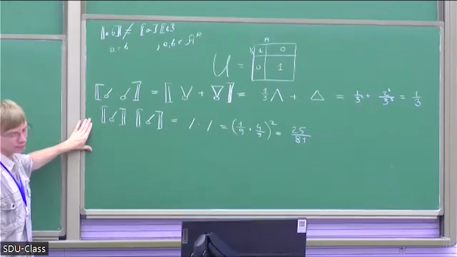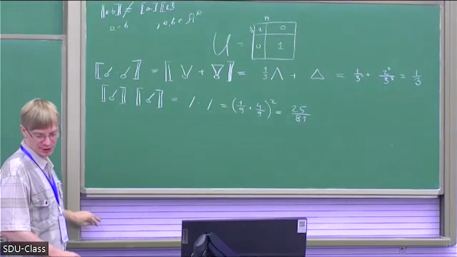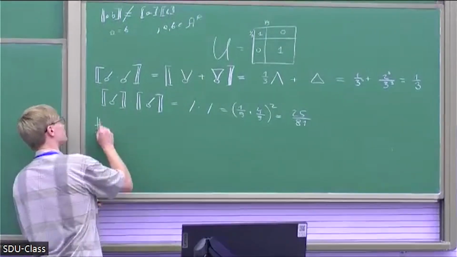In general, a useful inequality comes from Cauchy-Schwarz.